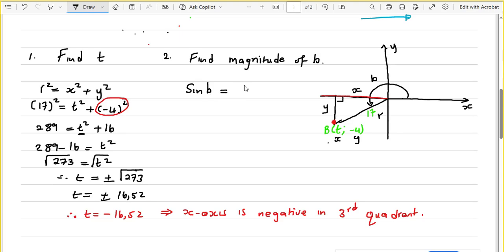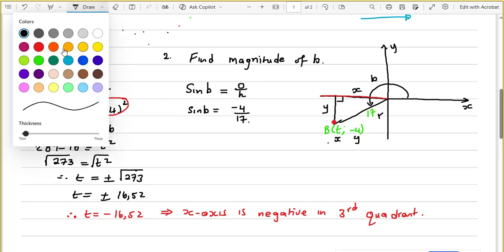Sine is equal to opposite over hypotenuse. And the sine of that B is equal to opposite, your y value, which is minus 4, over the hypotenuse, which is 17. So now to find B, we first have to find what we call the acute angle.